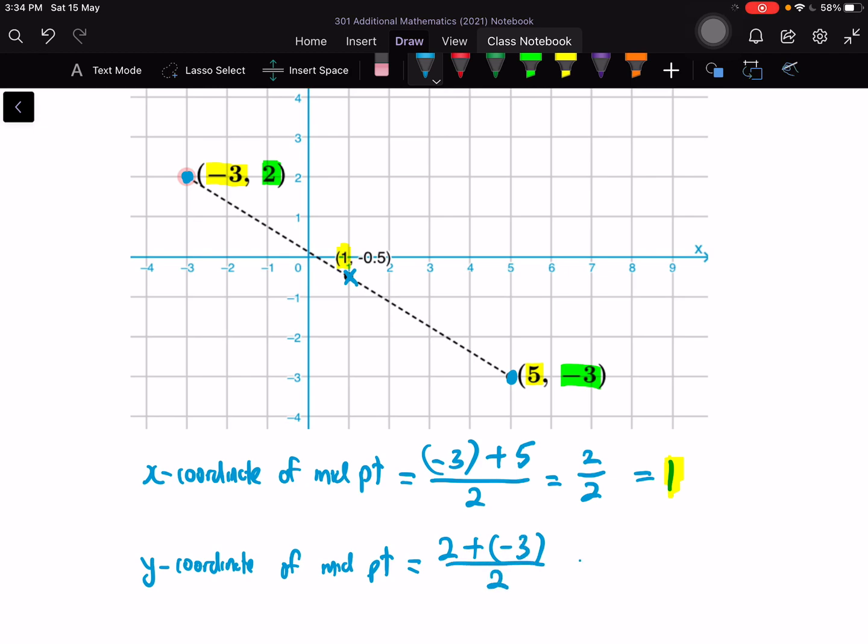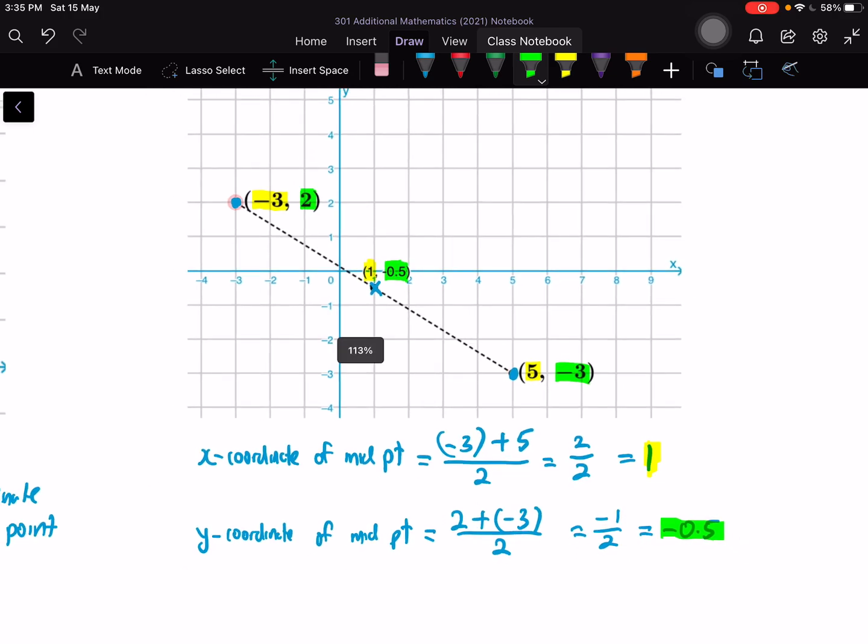In this case you get -1 over 2, which is also -0.5. So this -0.5 corresponds to the y coordinate of the midpoint. So this is the way that we are able to find the coordinates of the midpoint.